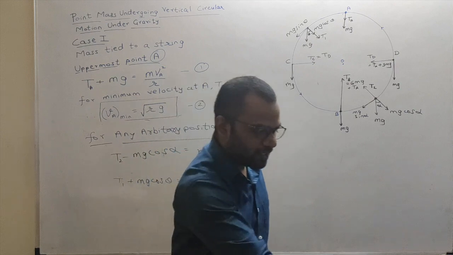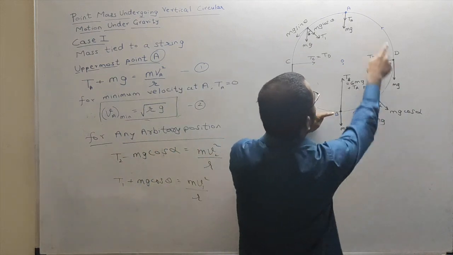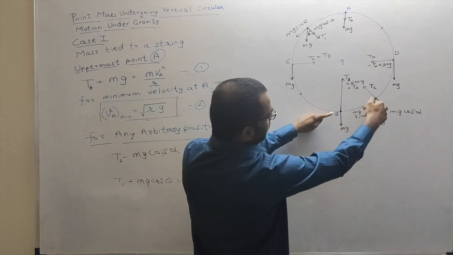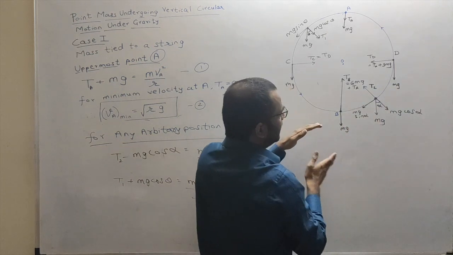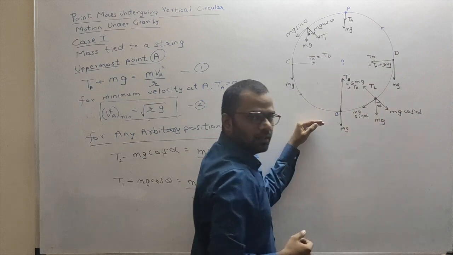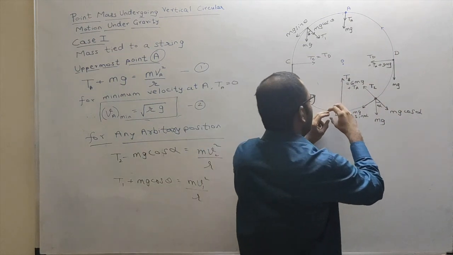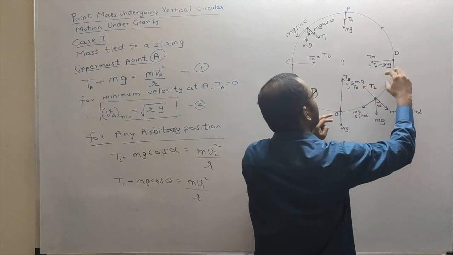Okay. Now as you can see, as the particle is going from here to there, the mg sin alpha component is in the opposite direction. The velocity is in this direction. So there is a retardation to the object, and hence the speed of the object will go on reducing.